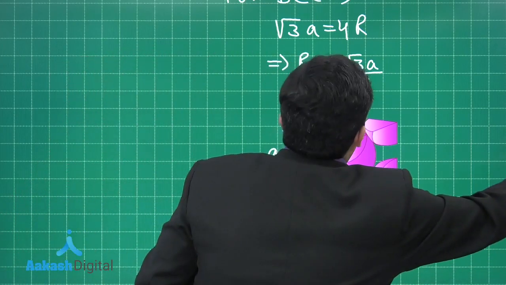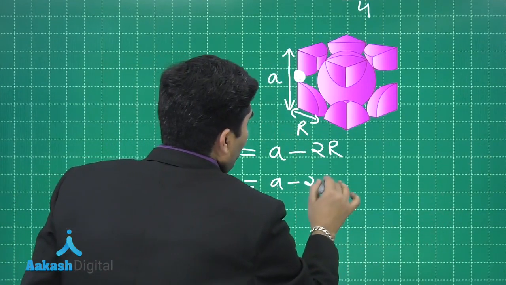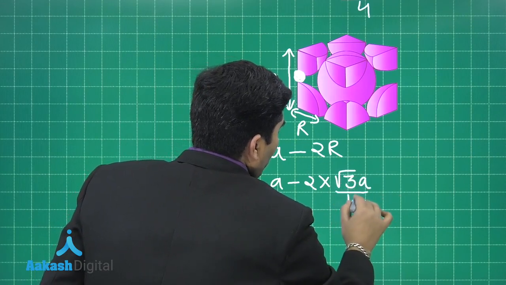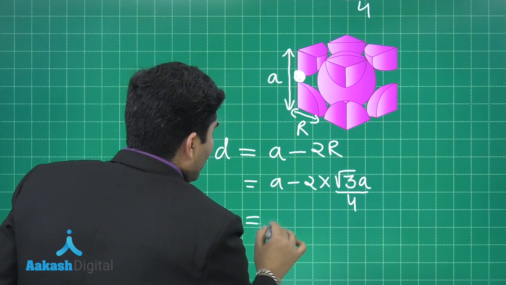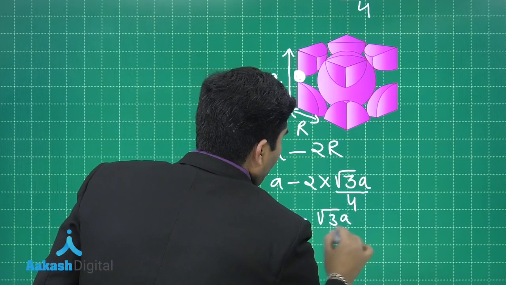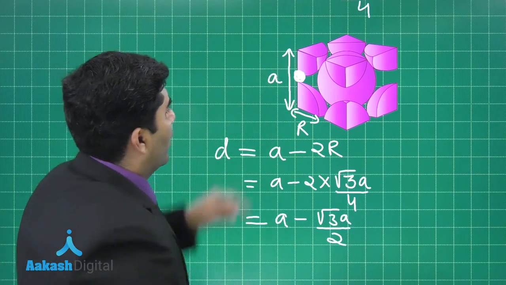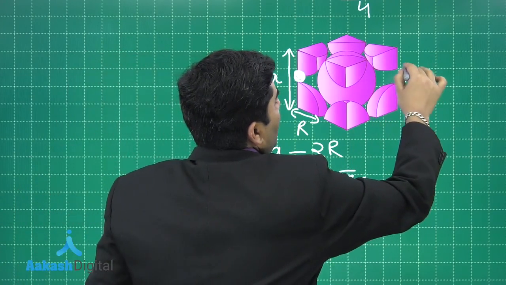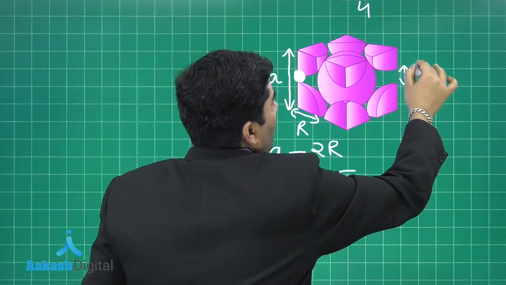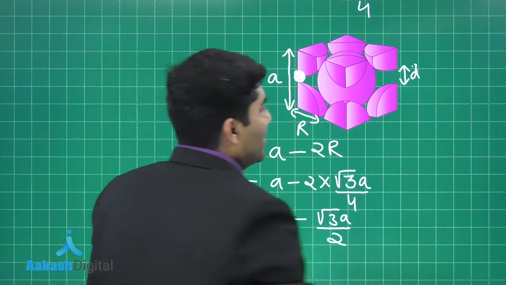So the value of R is equal to root 3A by 4. So you will write A minus 2 into root 3A by 4, and that is equal to A minus root 3A by 2. Now this is the distance, this small one, this is D. Right? Now what is being asked?